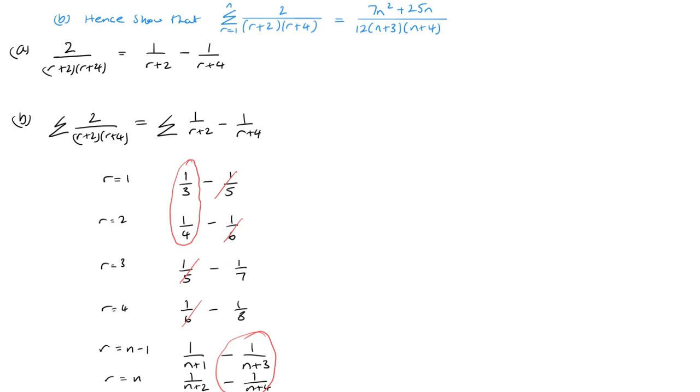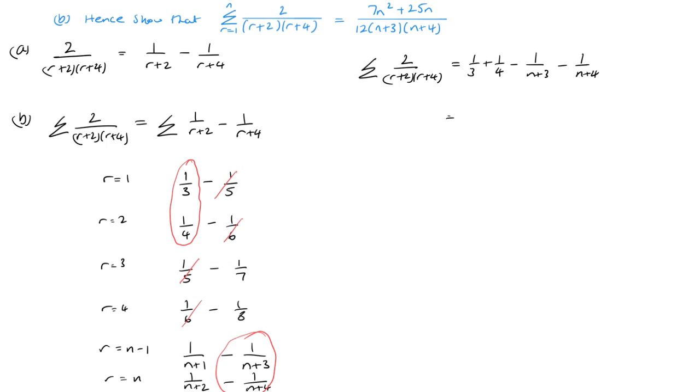So now what we can do is say, right, the sum of 2 over (r plus 2)(r plus 4) is equal to 1/3 plus 1/4 minus 1 over n plus 3 minus 1 over n plus 4. Now what I want to do is basically get it as a single fraction with (n plus 3)(n plus 4) on the bottom.